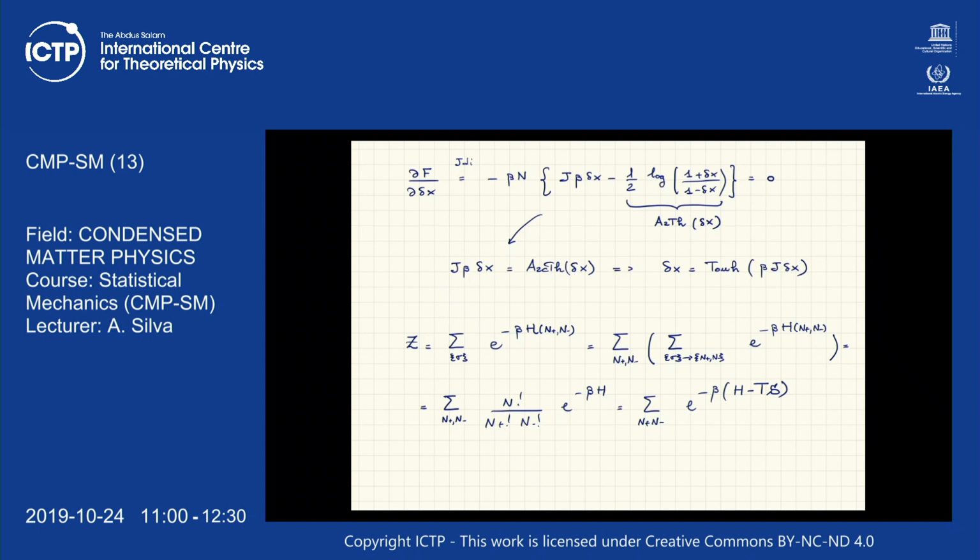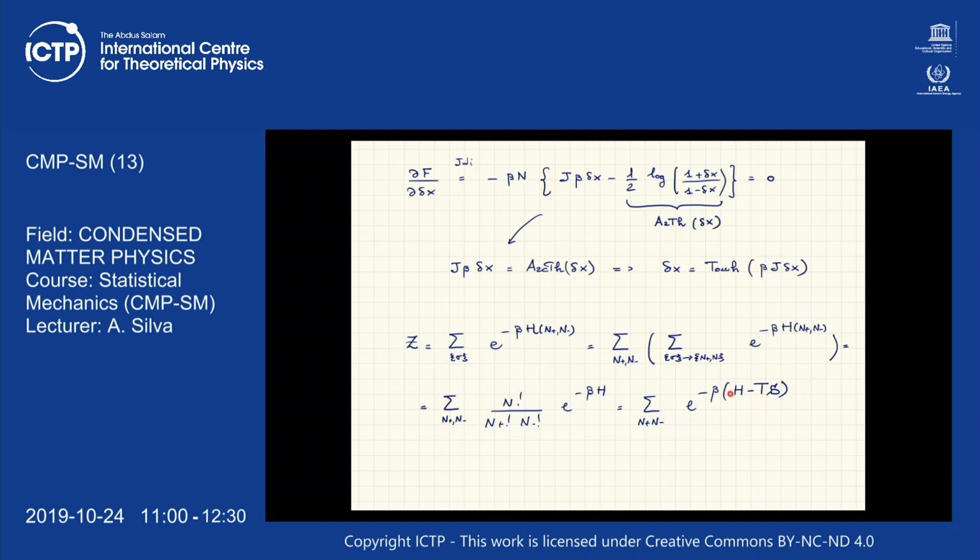And now you see that when I minimize the free energy, I'm essentially doing, for this sum, the saddle point approximation. I'm saying this sum is going to be dominated by the term in which this object here is minimum. Why?